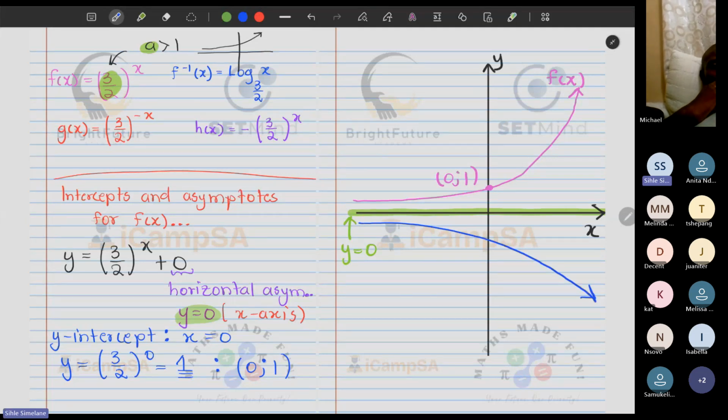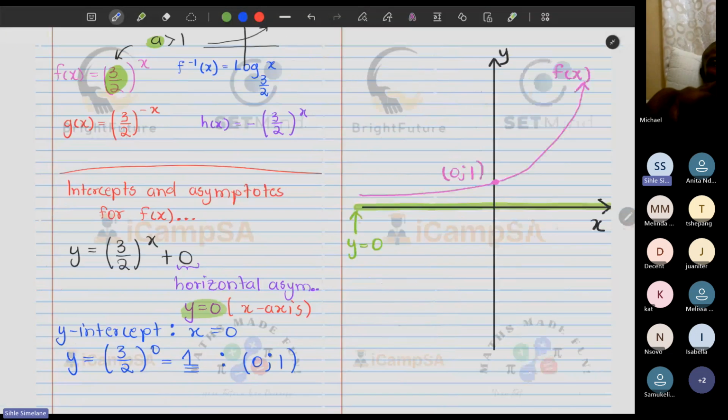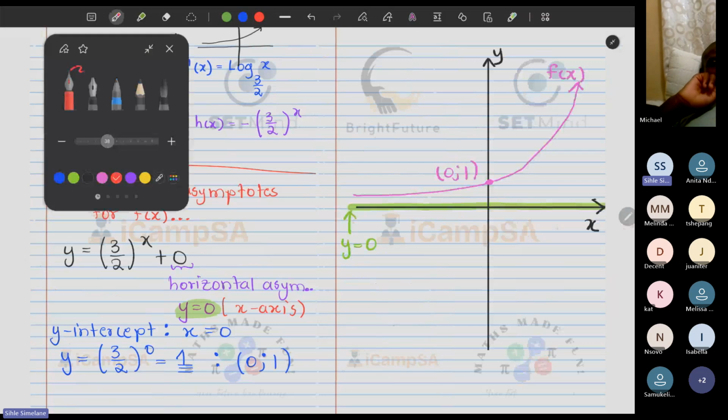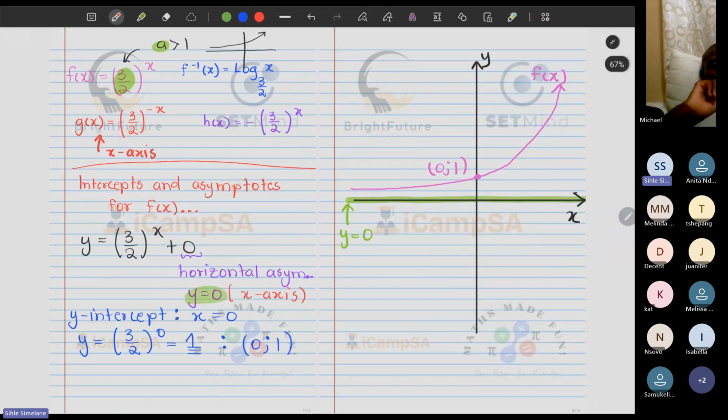Do you all agree? So I need to figure out which one was the reflection about the y-axis. So the reflection about, no, the x-axis, that was G. Okay, so G, the red one, is the reflection about the x-axis. So below the x-axis, we must have another graph that looks like the one we have at the top.